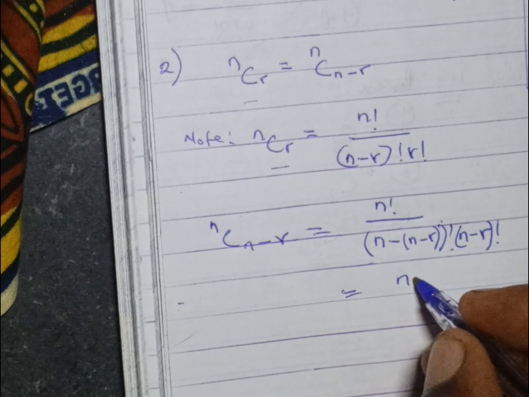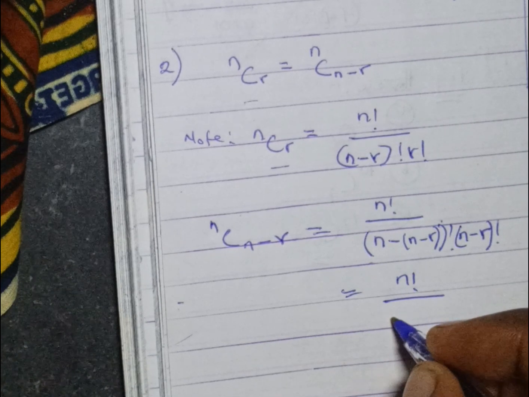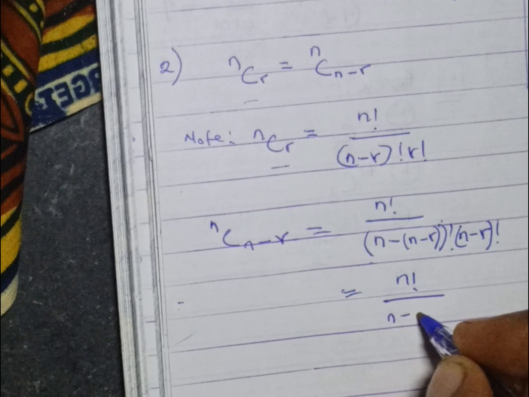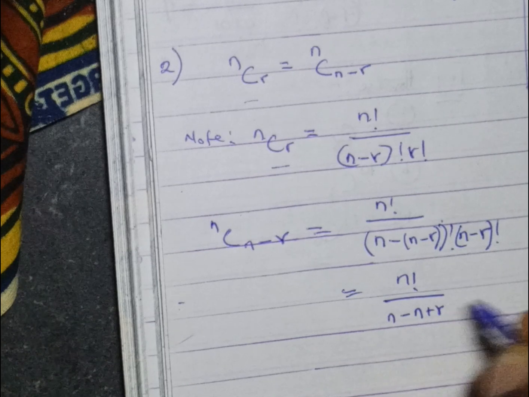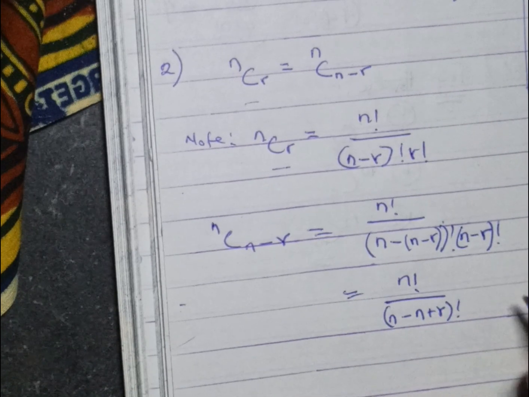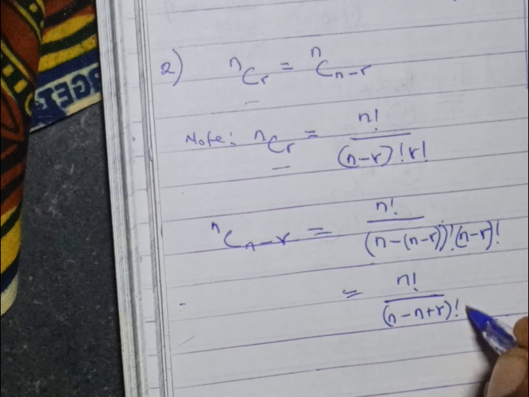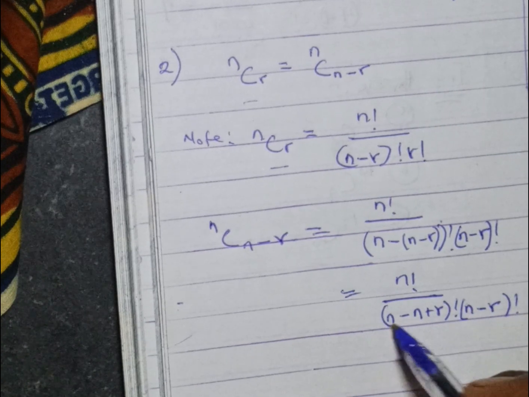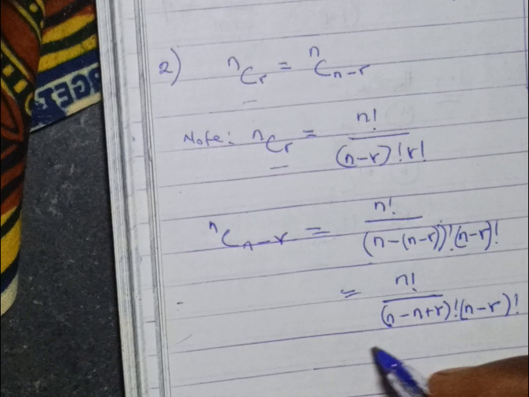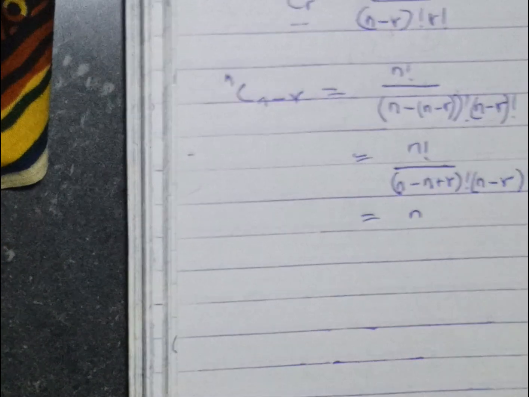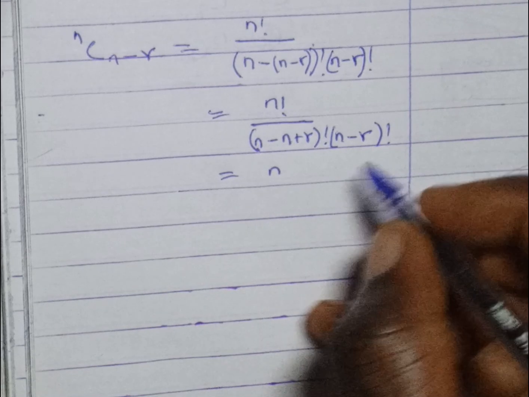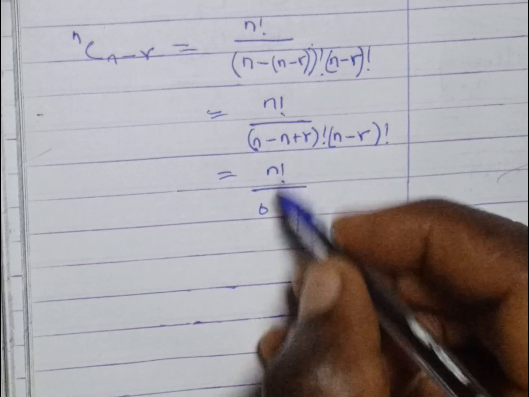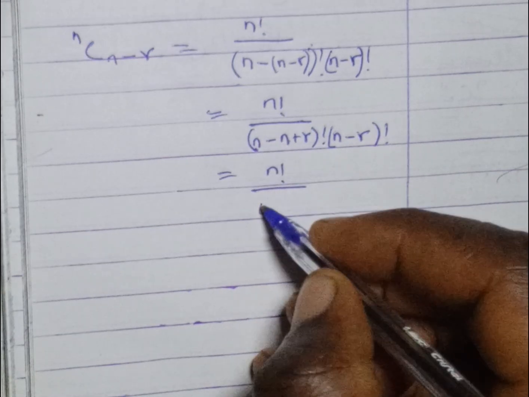That would be n factorial, then n minus n plus r factorial, you understand? Then n minus r factorial. Then this will cancel out, so this minus this is nothing.